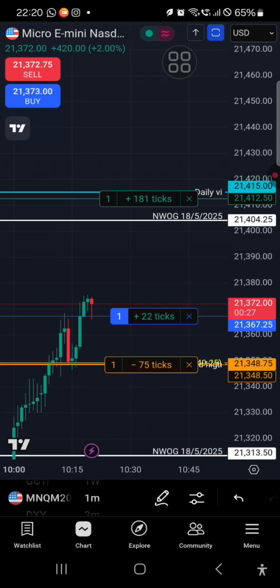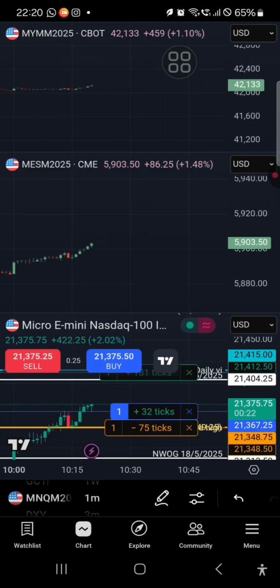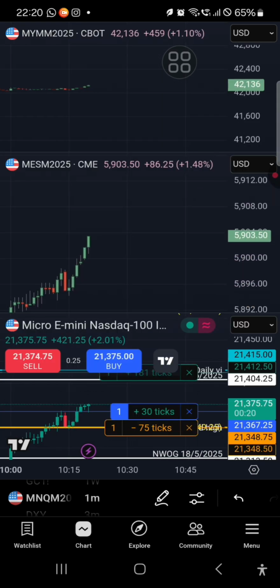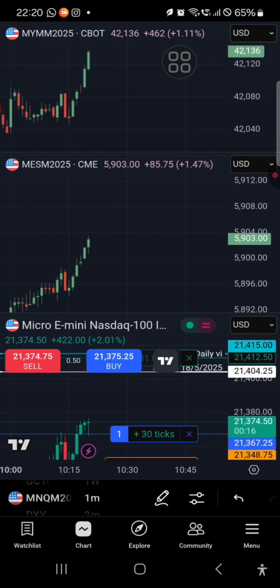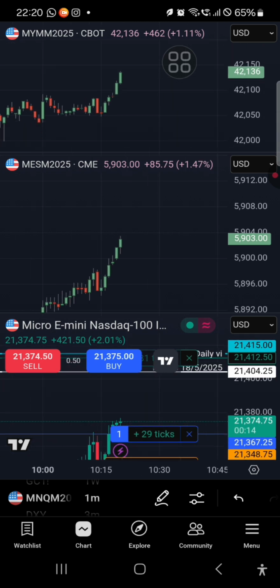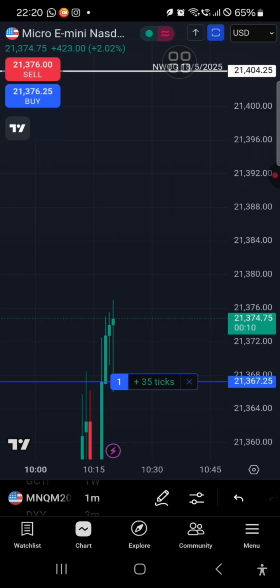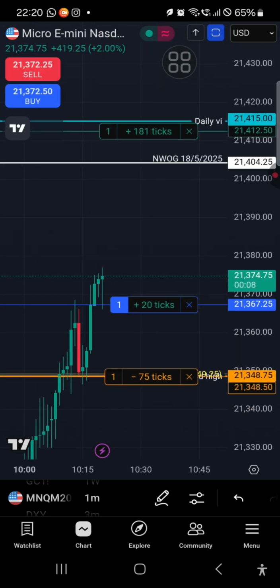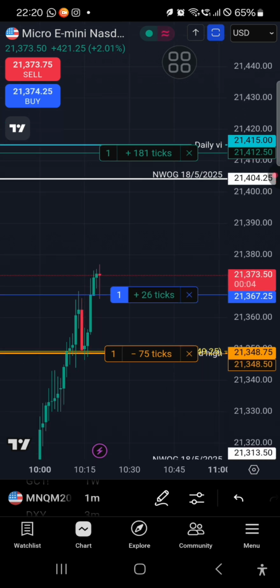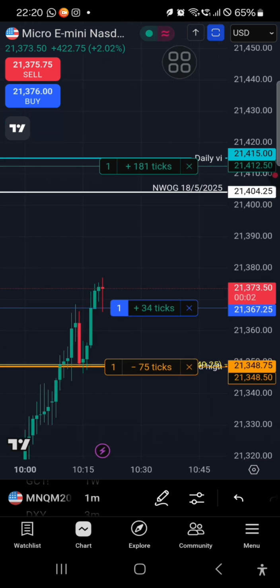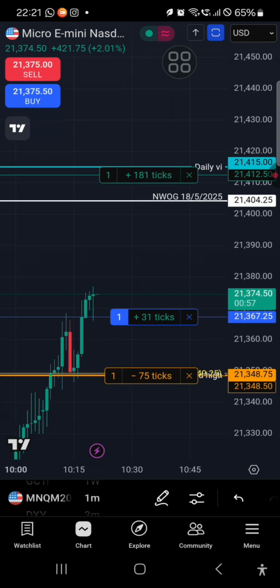Now I want to see expansion up higher. Right here I'm watching all the averages, they all do the same thing. That's basically what I'm watching. So far so good. I'm expecting institutional order flow.